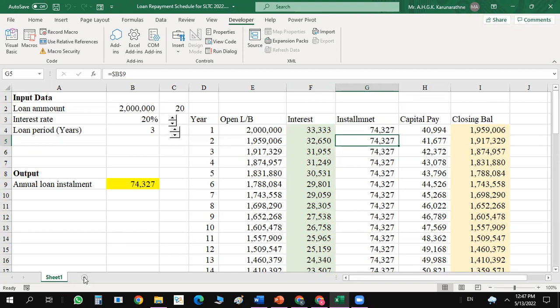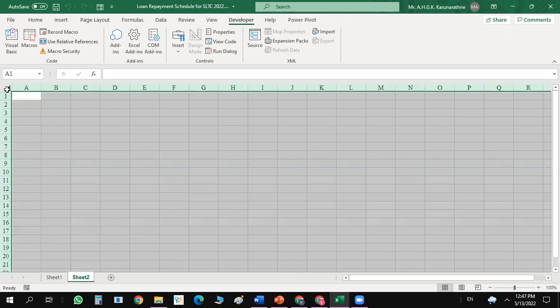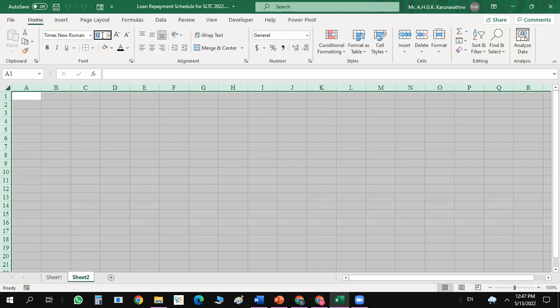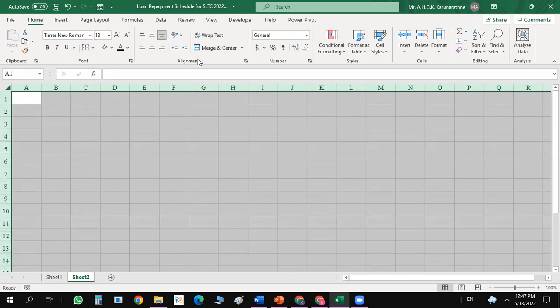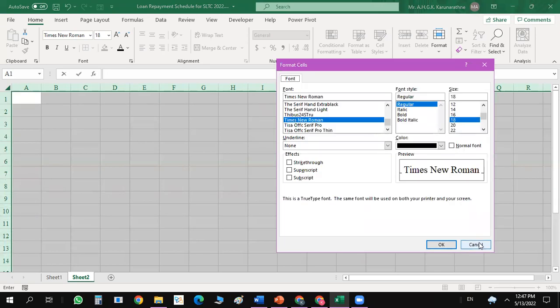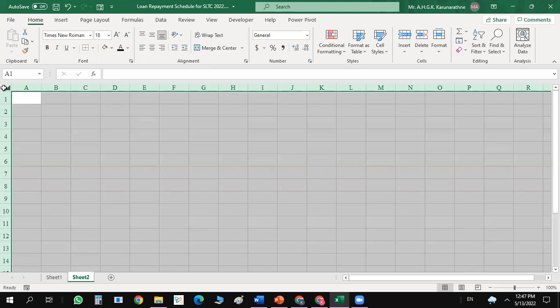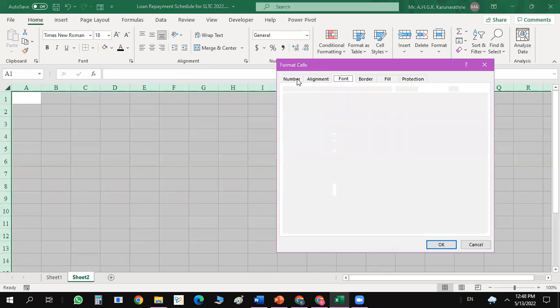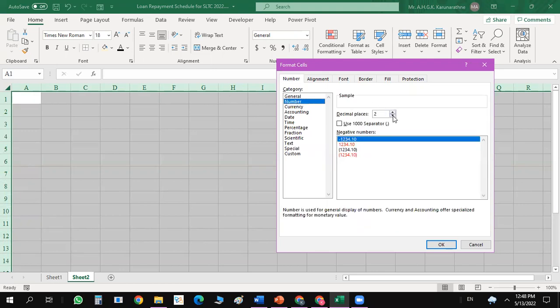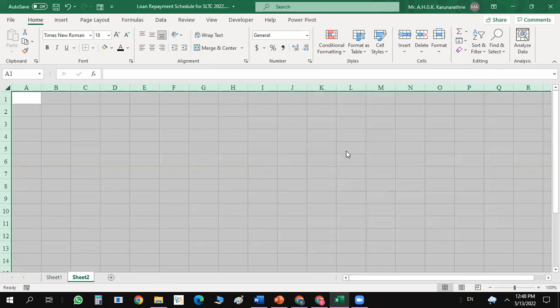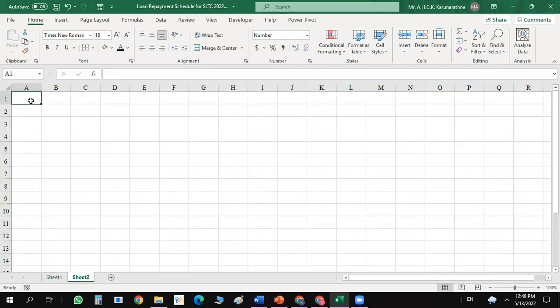We'll move on to another sheet. Make it, let's say, 18. Control 1 and format. Number. Right. Okay, we'll first put input.